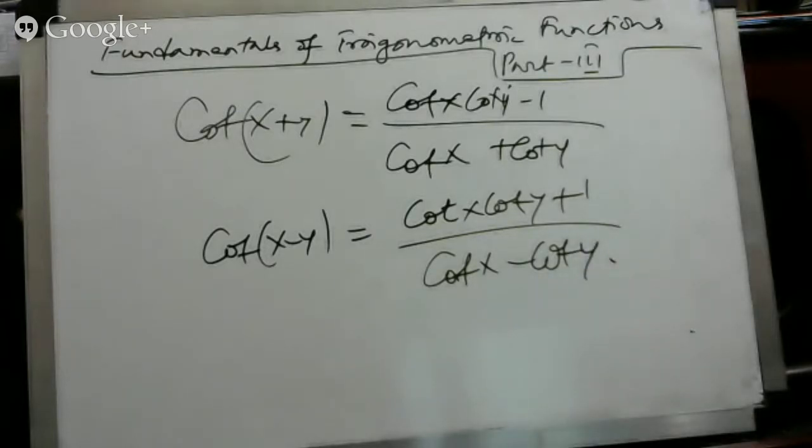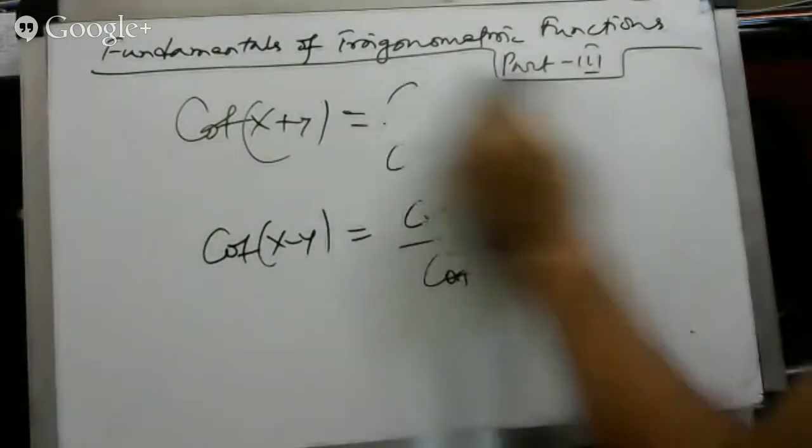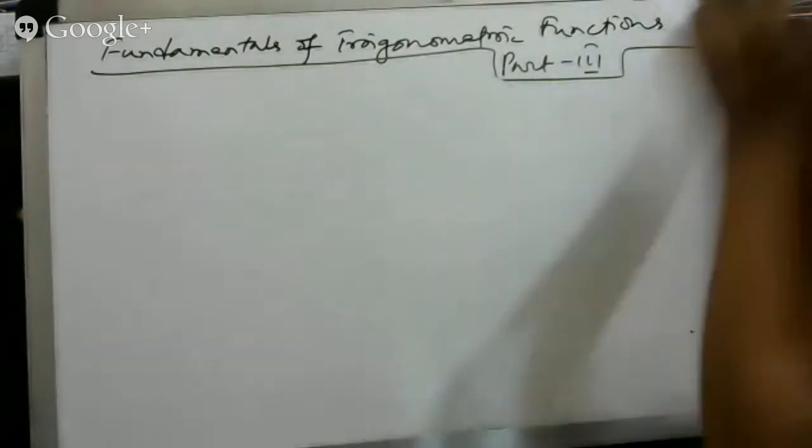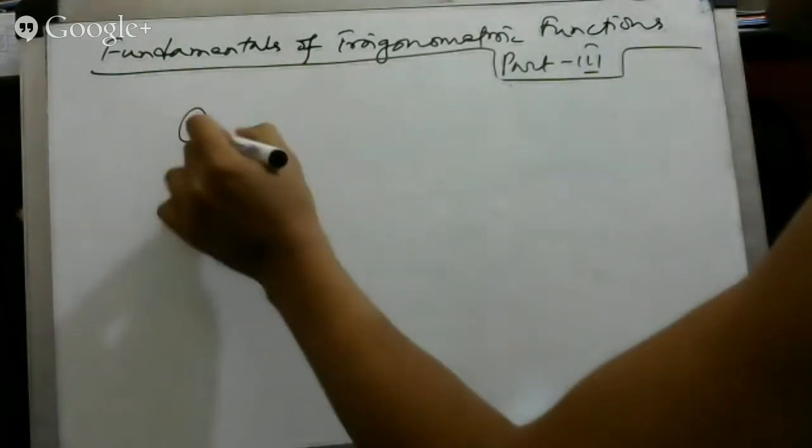Okay, now other identities are cos of 2x.